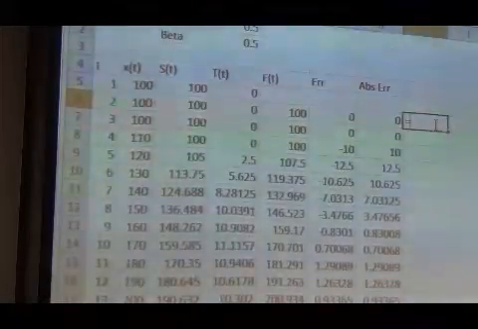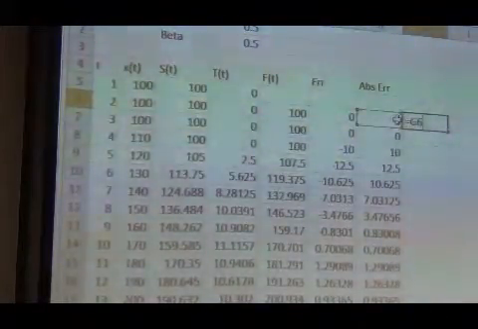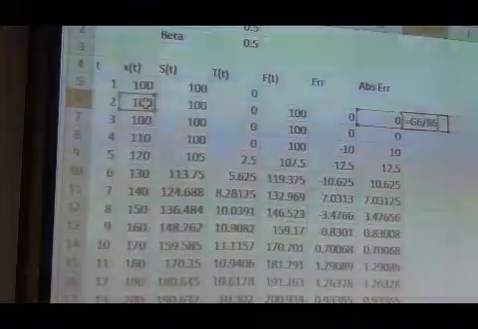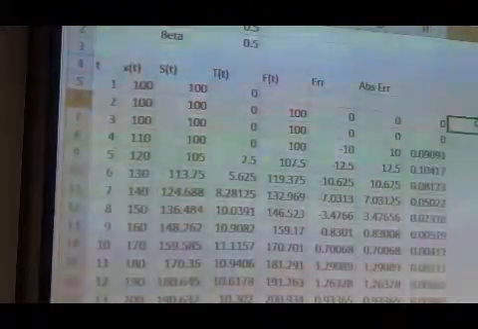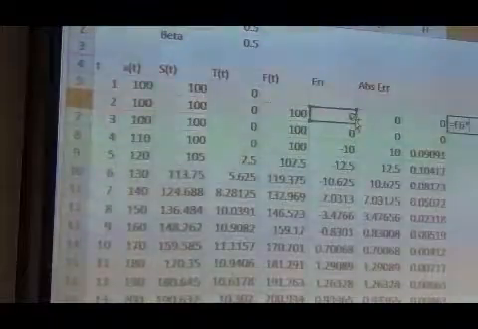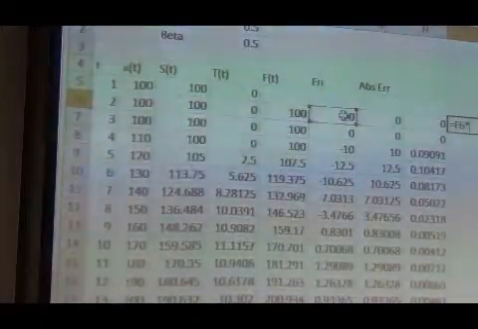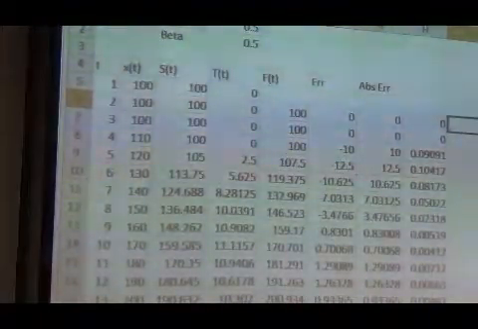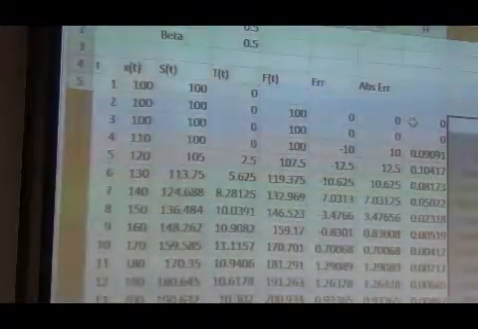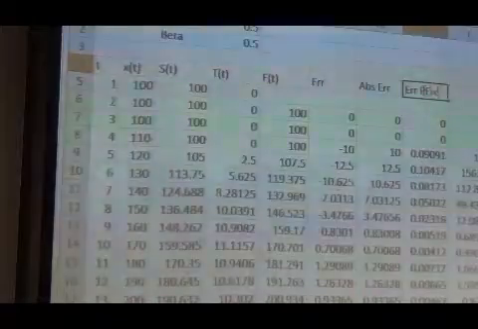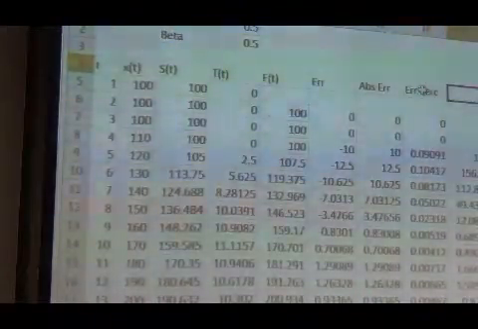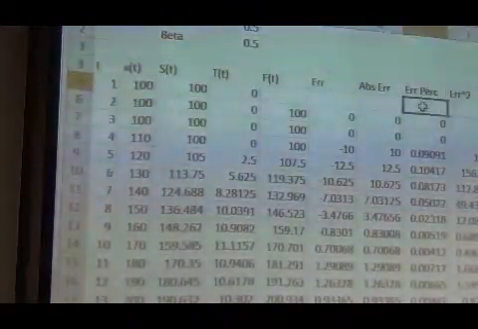Compute percent error, error divided by the x value. And we can compute square error, error times itself. This is error squared.